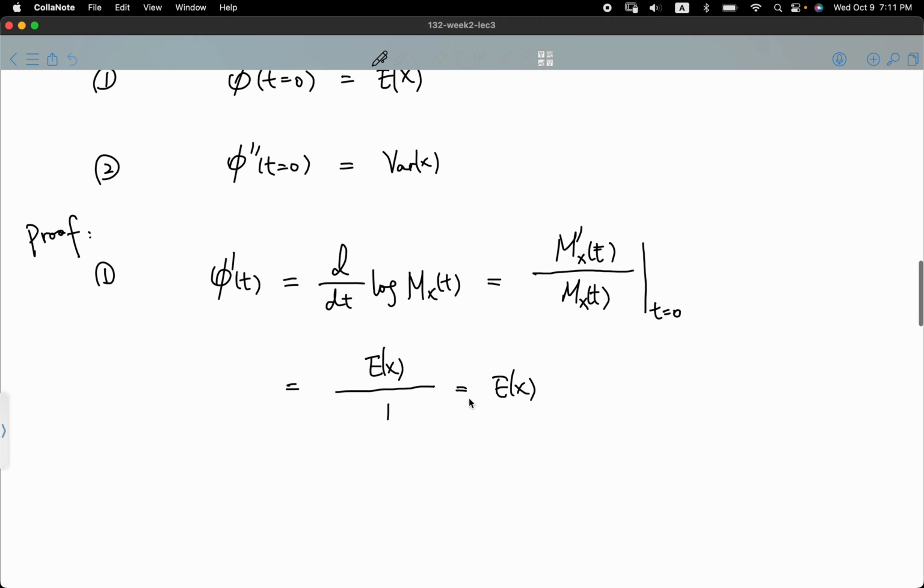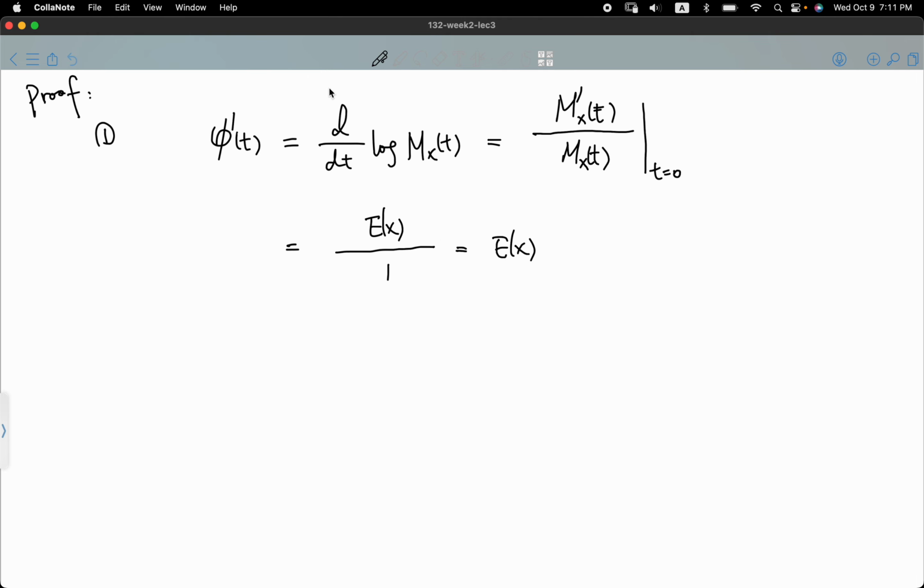Next we are going to show the second result, which is the second order derivative of the log of the moment function. So now also d/dt, but now we're using this expression because this is the first order derivative, and we're taking another, second order derivative.